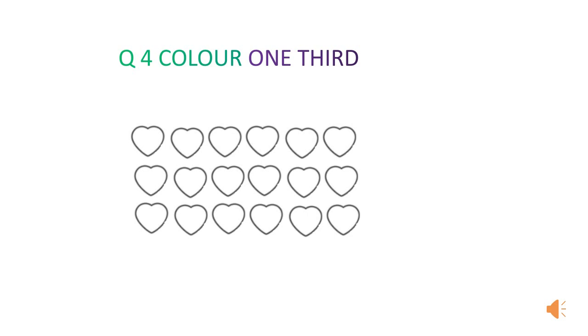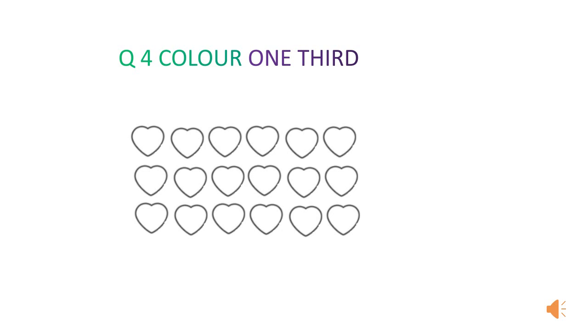Yes. Now see this question. You have to color one third. So again you will count how many shapes are given. Let's see and count how many are there in one row. Here you can see that in one row there are 6 figures altogether. And in the second row also there are 6. Third row also 6.